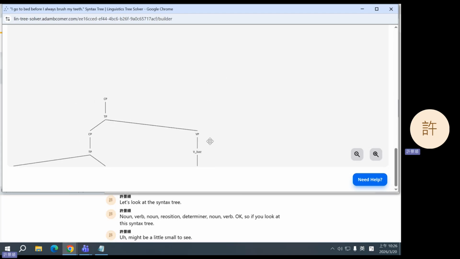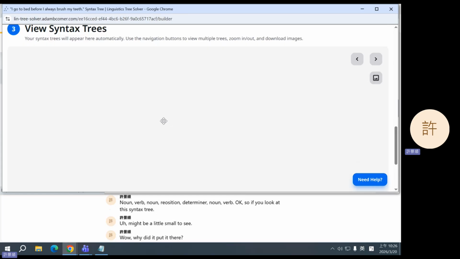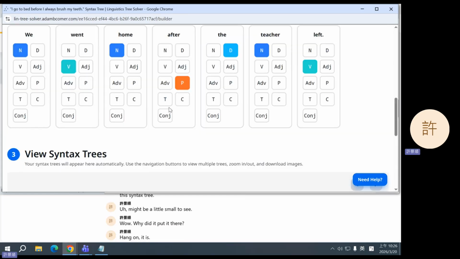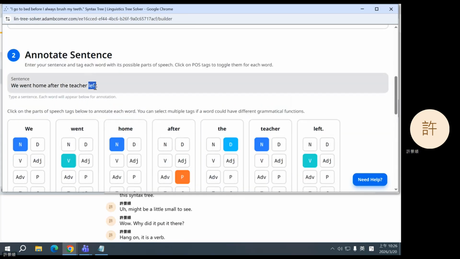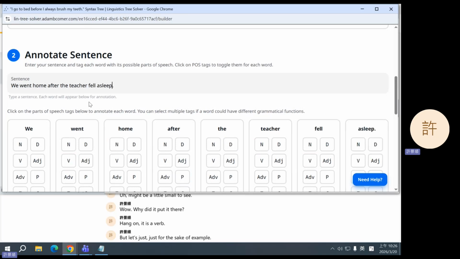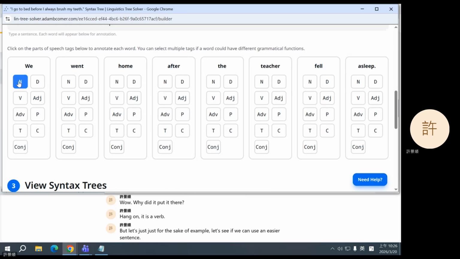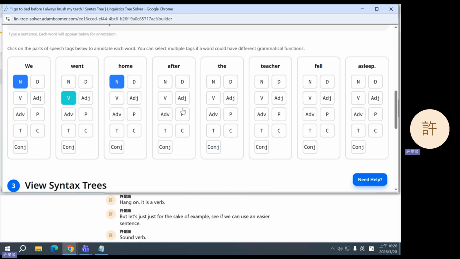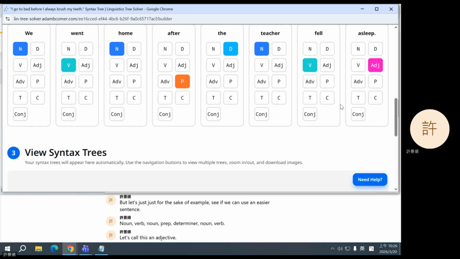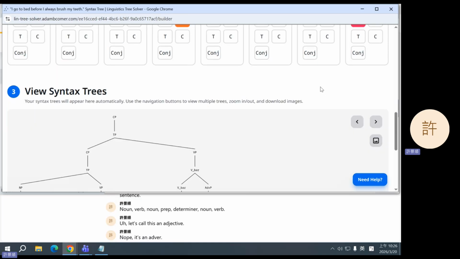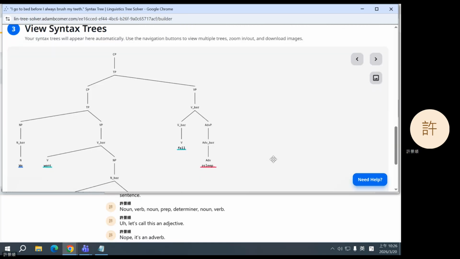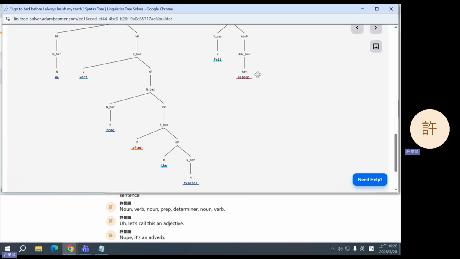Wow, why did it put it there? Hang on. It is a verb. Let's just for the sake of example, let's see if we can use an easier sentence. Noun, verb, noun, prep, determiner, noun, verb. Let's call this an adjective. Nope, it's an adverb. Wow, interesting.